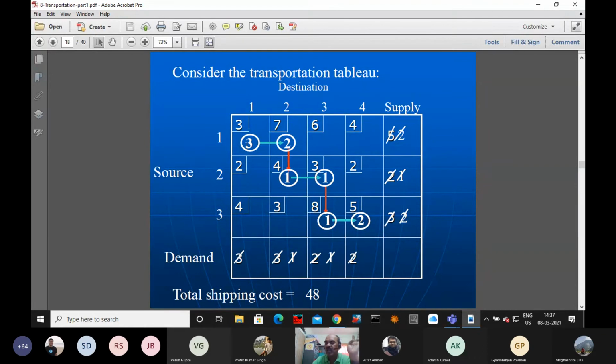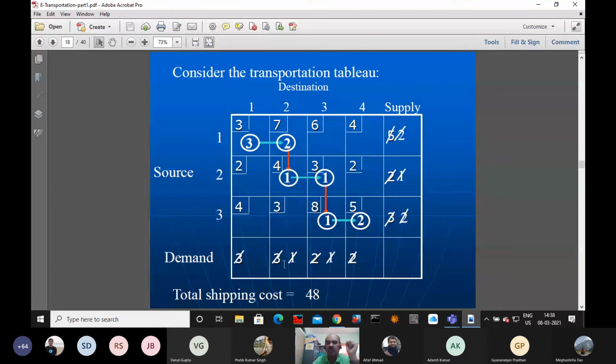Earlier our x11 was equal to 3. Now x12 equal to 2. Once you have allocated 2, we can reduce in this first row itself: 2 minus 2 equal to 0. Nothing is left out, so the first row is dropped. Out of 3, we have taken 2 units, so only 1 unit is left out.